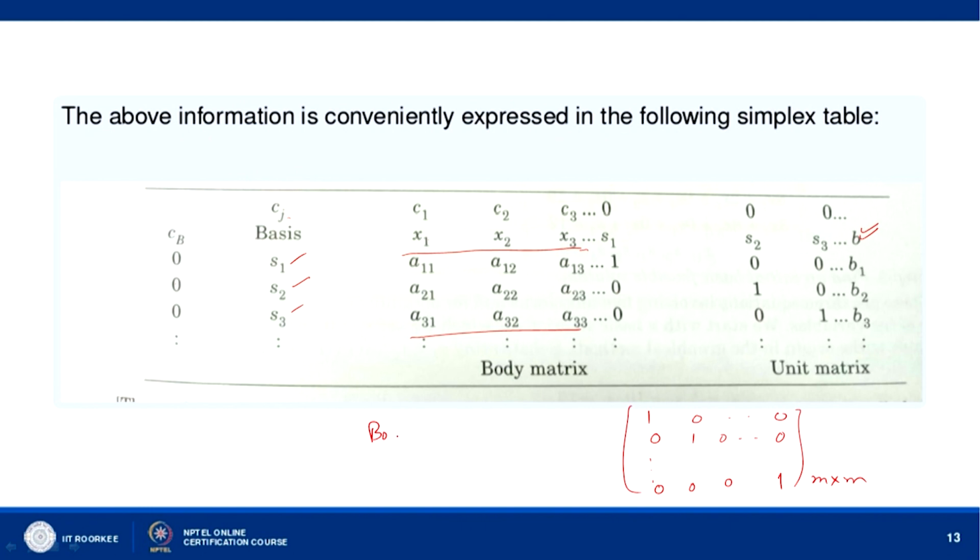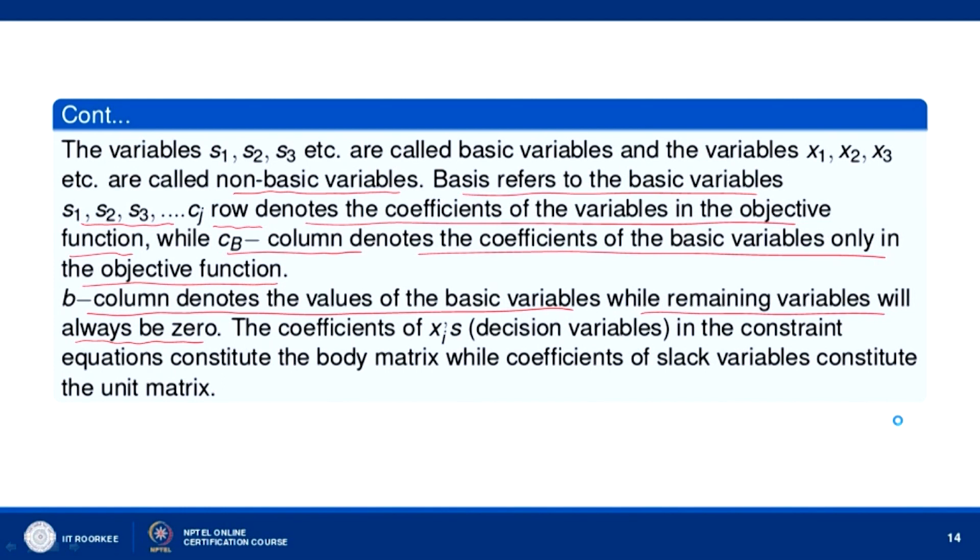So, the body matrix has m rows and n columns: A11, A12, A1n, A21, A22, A2n, and Am1, Am2, Amn. So, this is the body matrix and this is the unit matrix. Coefficients of slack variables constitute the unit matrix.